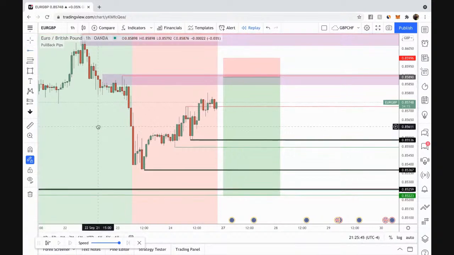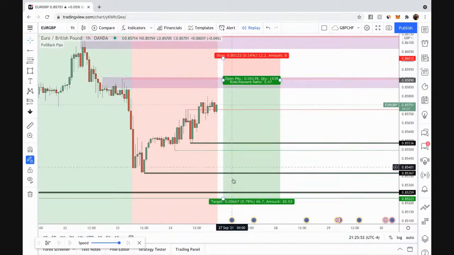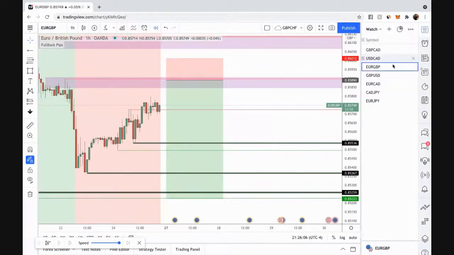Just from the market being able to do something as simple as that, we're able not only to minimize our risk, 10, 15 pips, but now maximize our profit opportunity to the downside. So personally, I would love to see if this market can come into this rejection area and push down for Euro GBP. This is a current setup right now, Euro GBP.